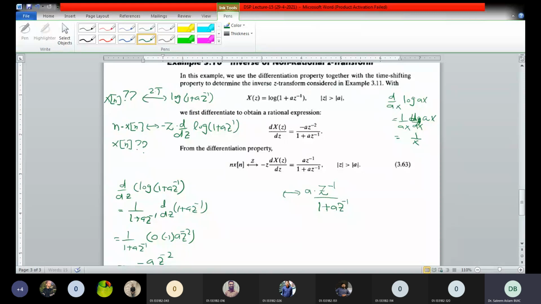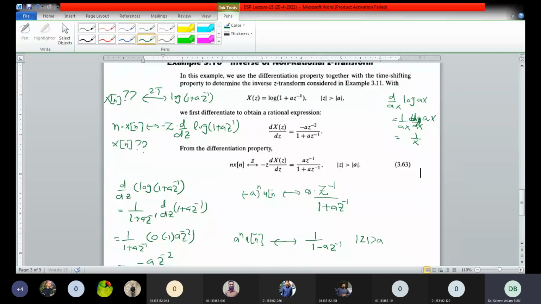We have a formula, let's use it here: a to the power n u of n has the equivalent 1 over 1 minus a z inverse, with |z| greater than |a|. Yes sir. But see the difference here: instead of minus, plus is coming. So when plus is coming, it becomes minus a to the power n u of n. Right, this is clear.